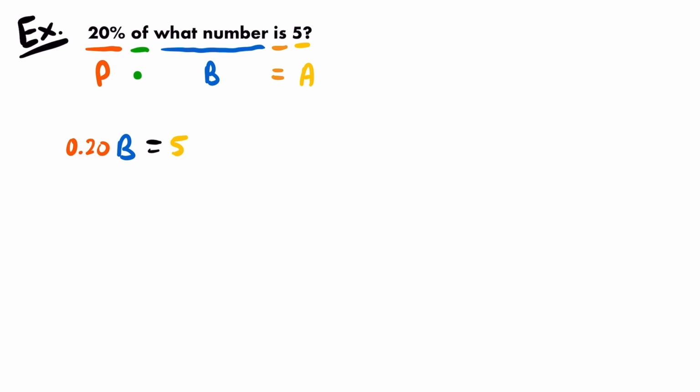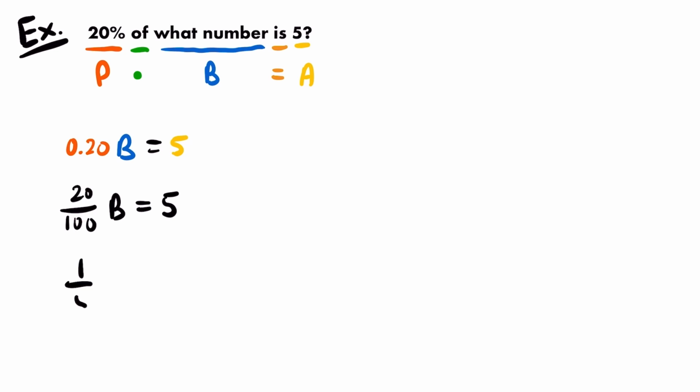0.2 or 0.20 would be the same as 20 divided by 100. That's how you'd represent 20% as a fraction. So you'd have 20 divided by 100 times B, and that is equal to 5. Now, you could reduce this fraction. Both 20 and 100 can be divided by 20. 20 divided by 20 is 1, and 100 divided by 20 is 5.